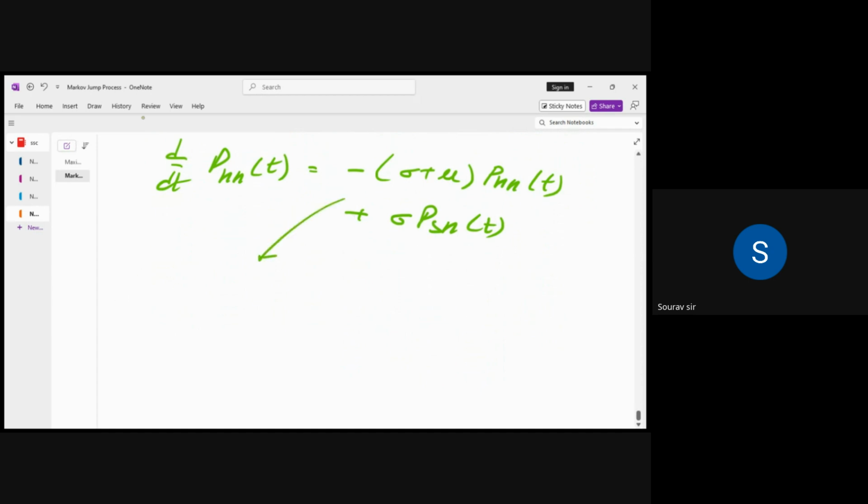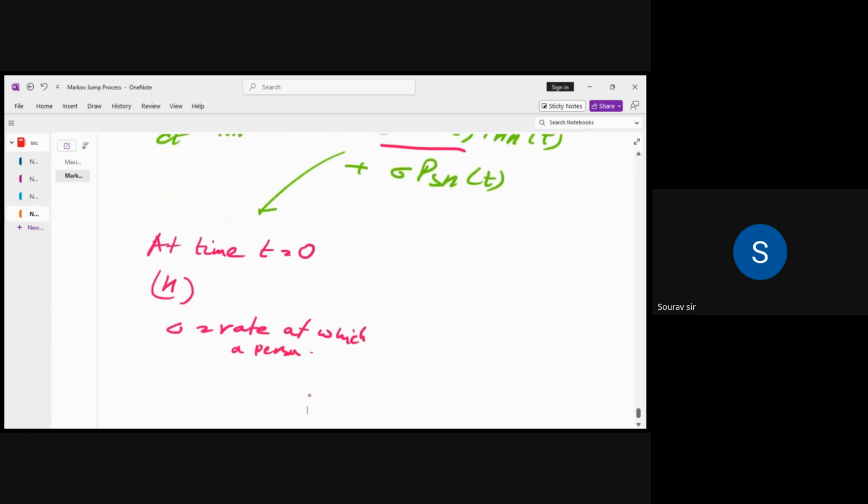So here, the explanation is that at time t equal to 0, the system starts in healthy. Now, theta is a force of transition which will put the system out of H. It is the rate at which a person moves from healthy to sick.